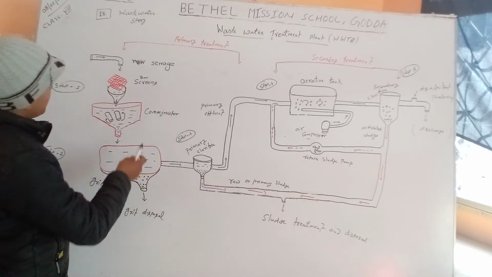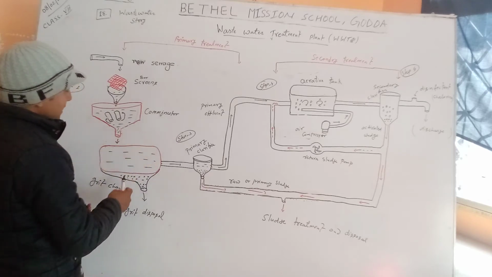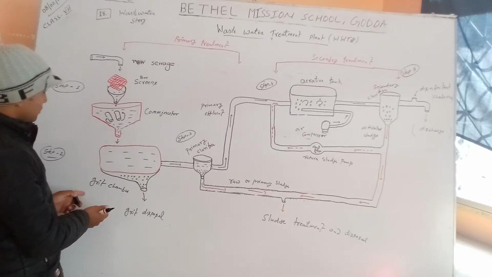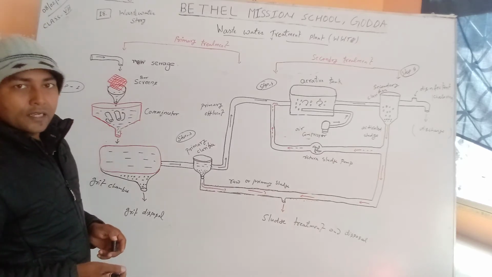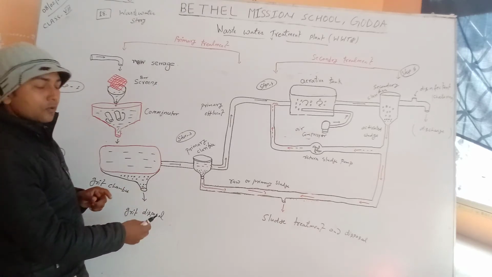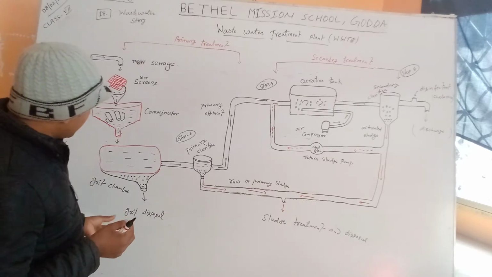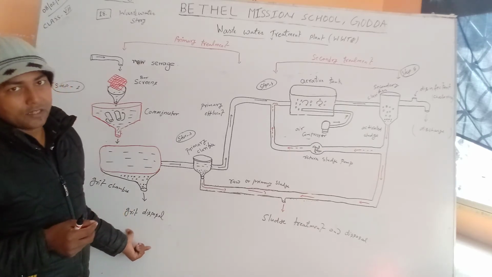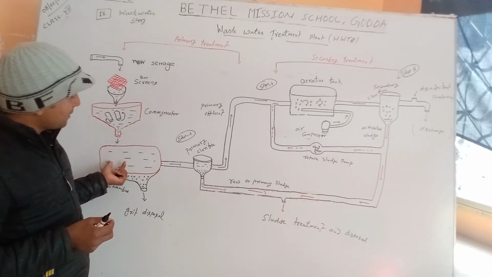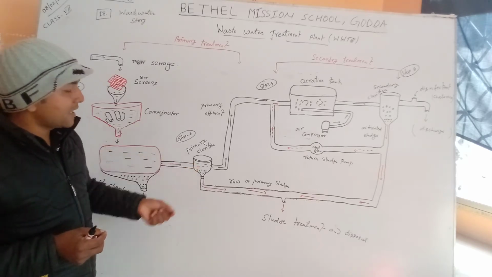Okay, and then at the second step it passes through the grit chamber. At the grit chamber, the grit, which is heavier in weight, is discharged with the grit disposal. Okay, and the water which is left comes to step third.